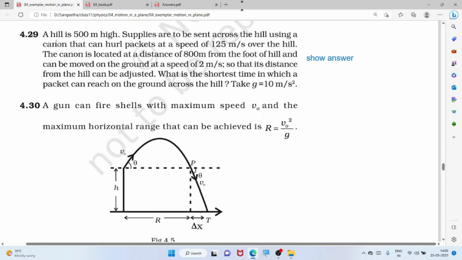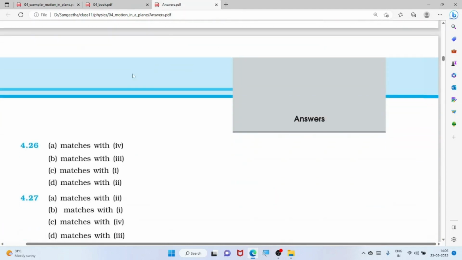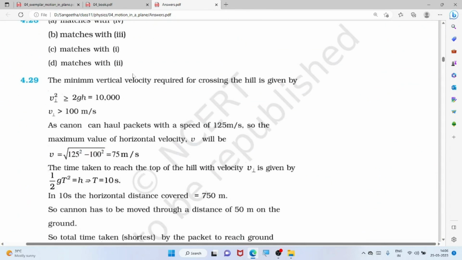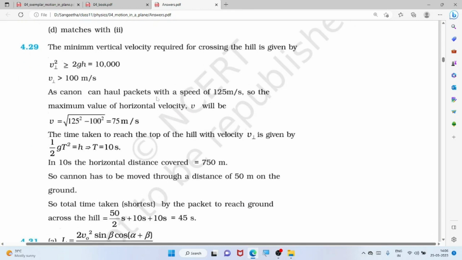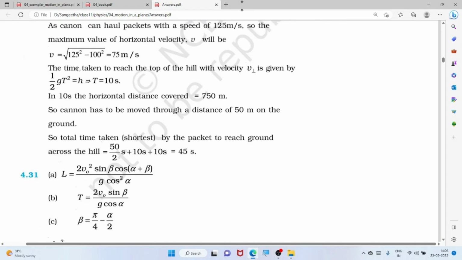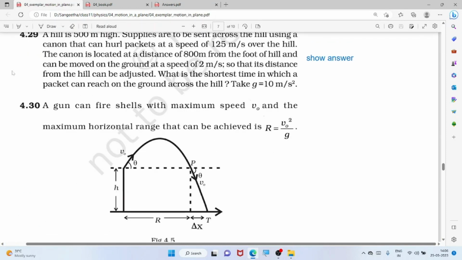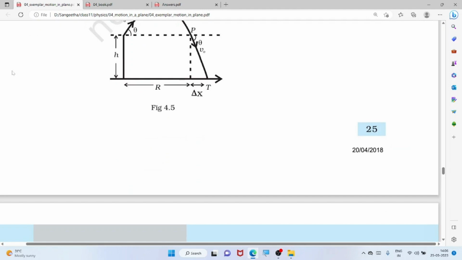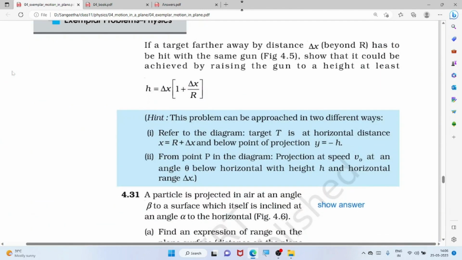Okay, 4.29, they have given the answer. See, some of these formulas are used from motion in a straight line. So you have to be familiar with those kinematic equations also.